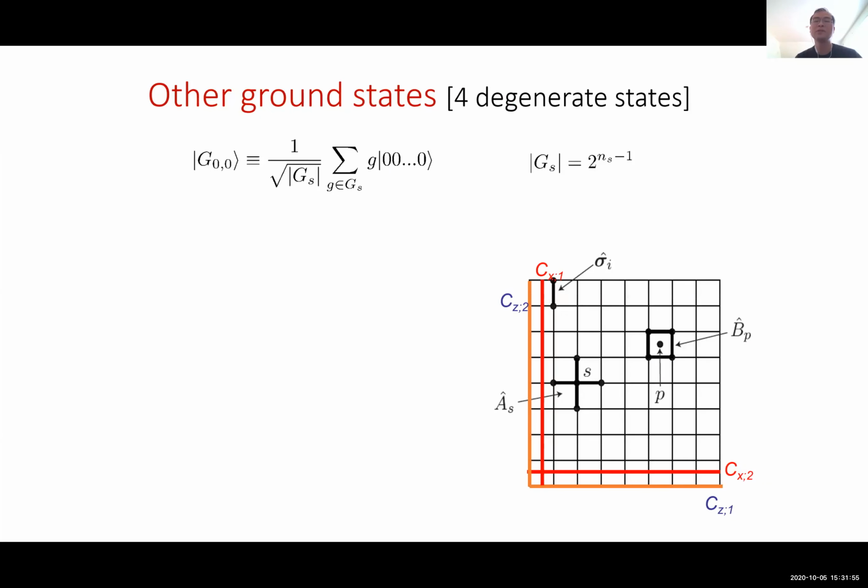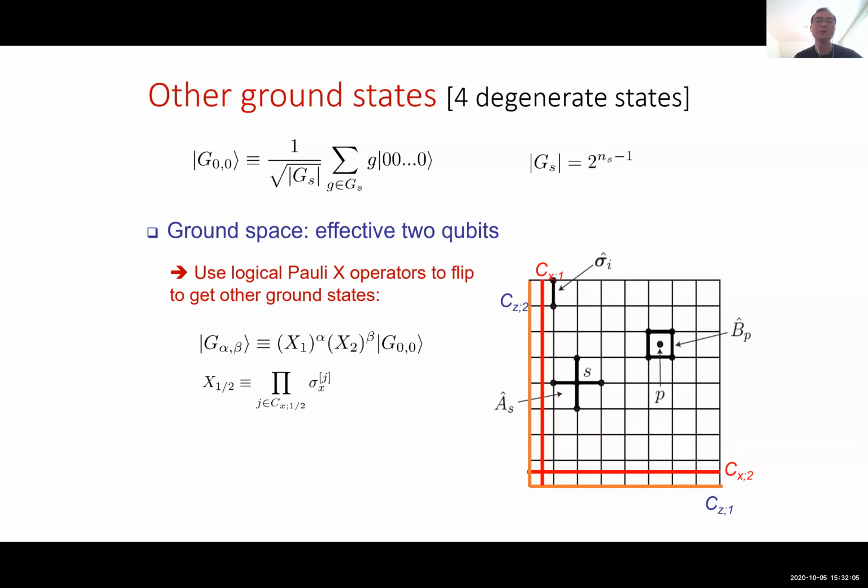What about other states? There are 4. What about the other 3? Remember, we already have the logical operators, and we can basically flip them by using this logical X operator.